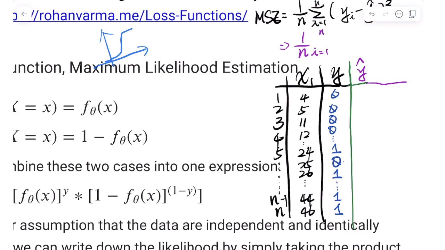Usually we set the threshold at 0.5. If the probability is larger than 0.5, we output 1. If the probability is smaller than 0.5, we output 0. So we have a threshold right here. When you use logistic regression to calculate the y-hat value, it should be something like this.